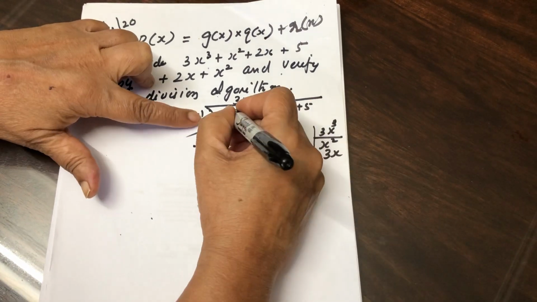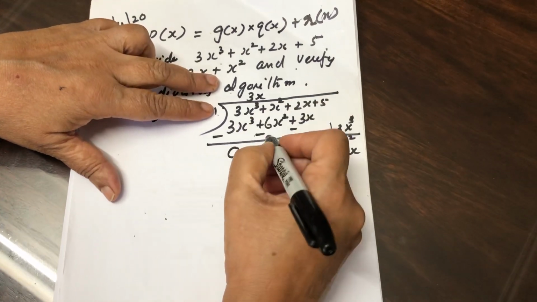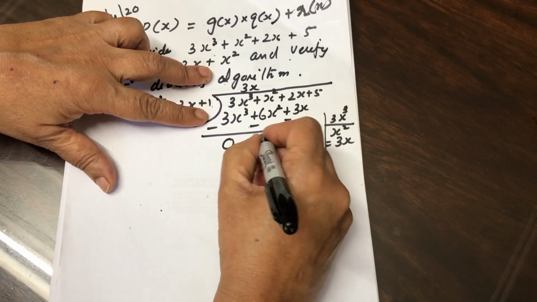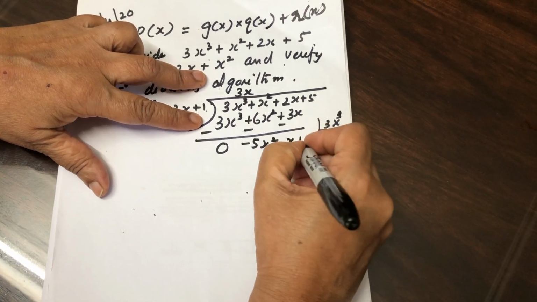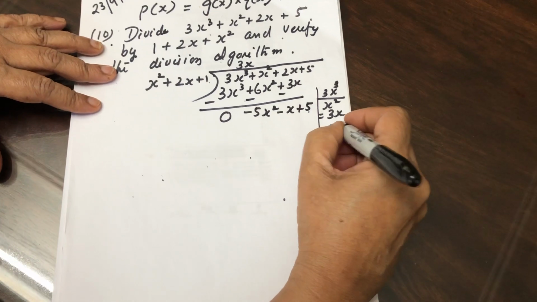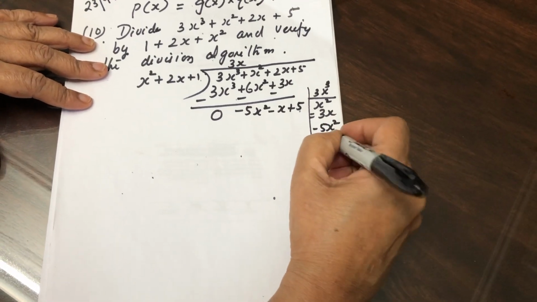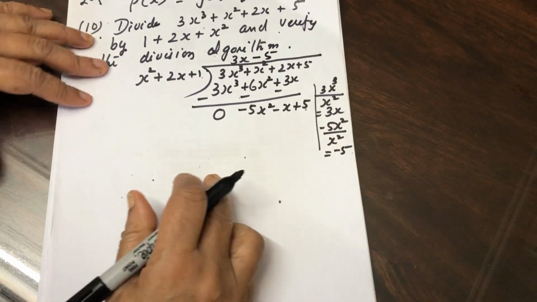Subtract. 3x³ minus 3x³ is 0. x² minus 6x² is minus 5x². 2x minus 3x is minus x, plus 5. Now minus 5x² divided by x² is minus 5. So the quotient is minus 5.